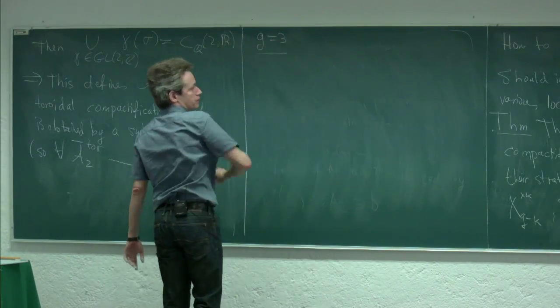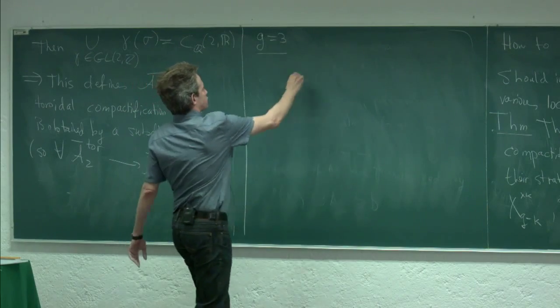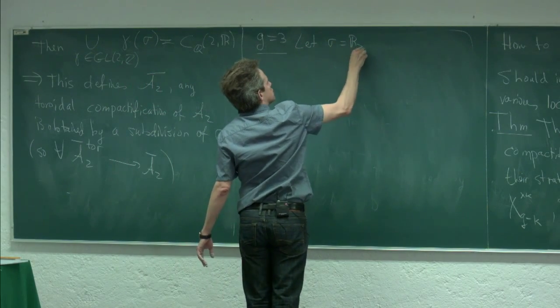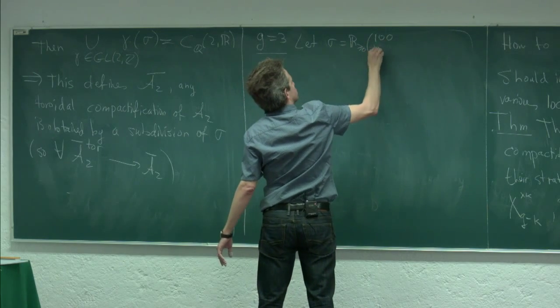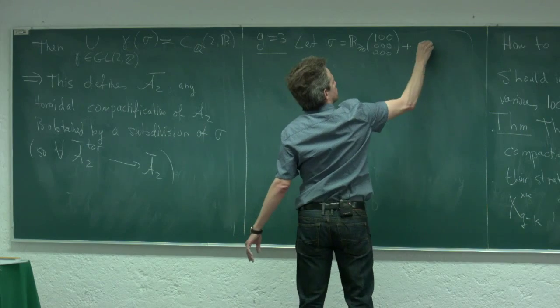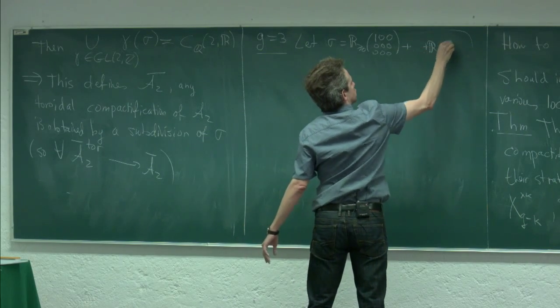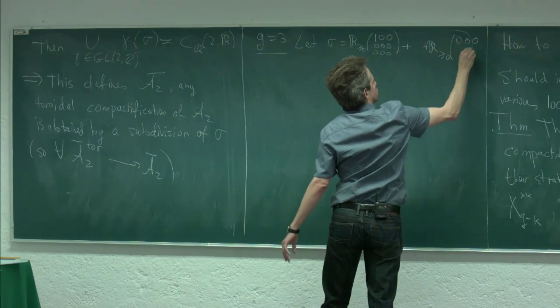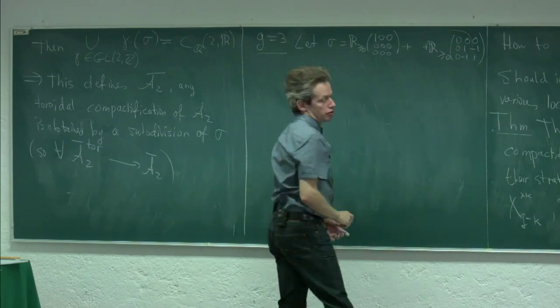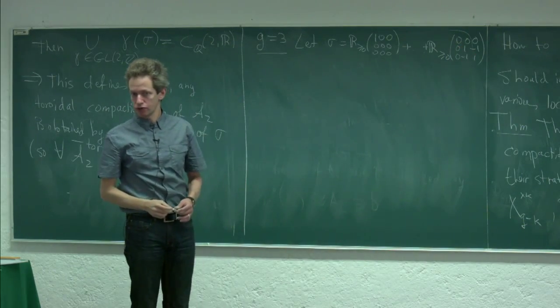So g equals 3. Let sigma be defined the same way. I mean, I'll just permute all the coordinates. Okay?